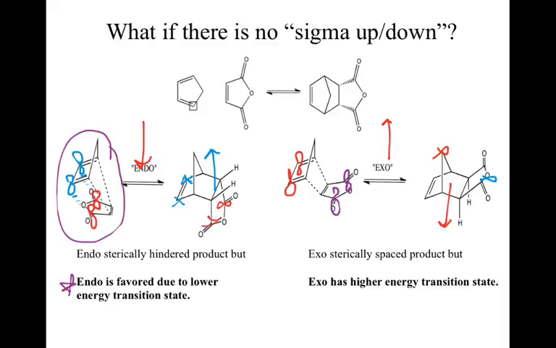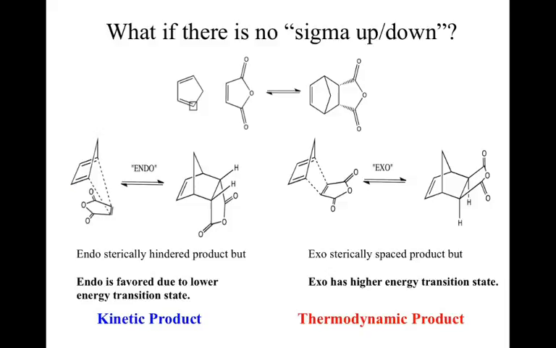In the exo situation, we have a low product energy, which means we have a more thermodynamically favored product. So we're looking at our kinetic versus thermodynamic products. Okay, kind of neat stuff going on with that. Either way, we really only have to worry about that endo attack, or one product, being our primary situation, as long as we are using the cyclopentadiene as one of our starting materials, which we are.